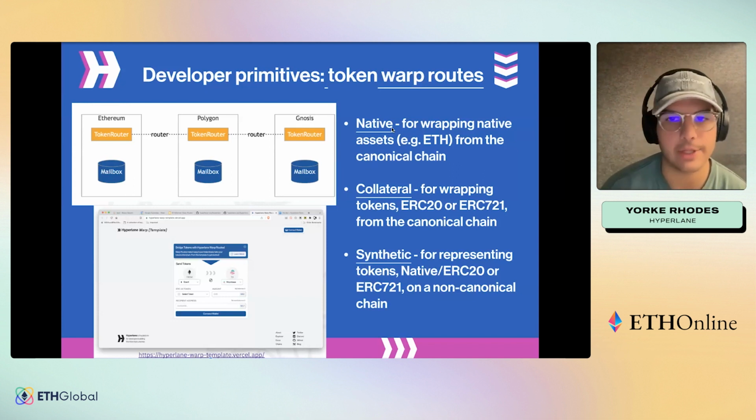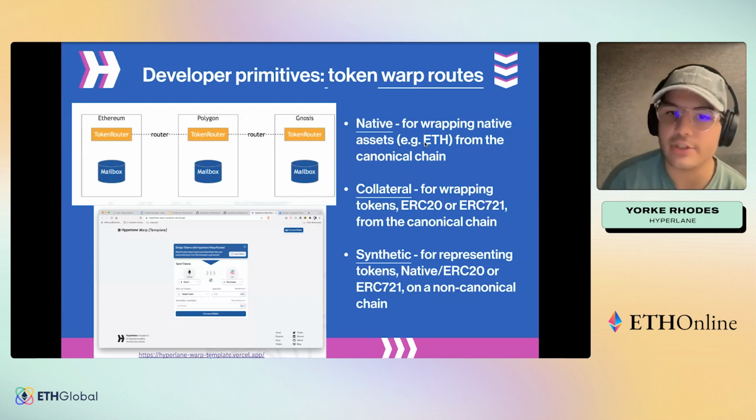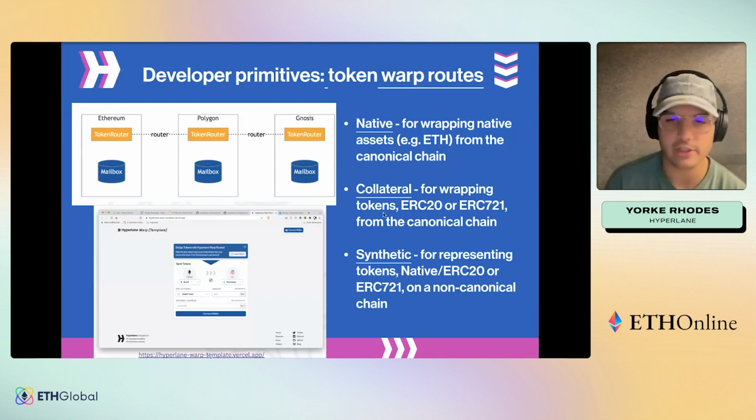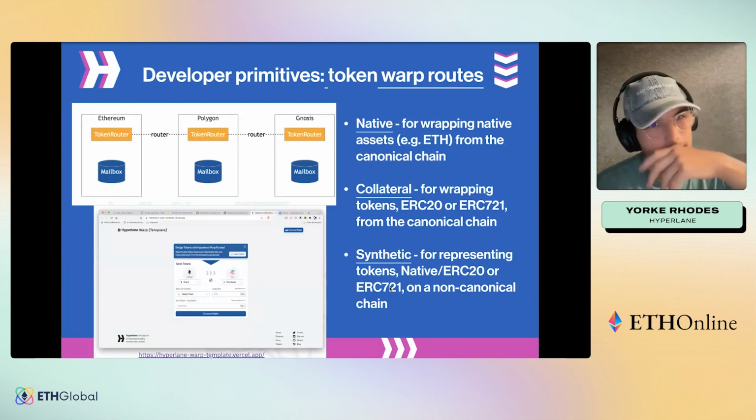This is compatible with native assets, like Matic on Polygon, or the equivalent of the native asset on any chain. You can wrap existing tokens and move them around to other chains. You can also create synthetic tokens, a derivative of a token that's on another chain.